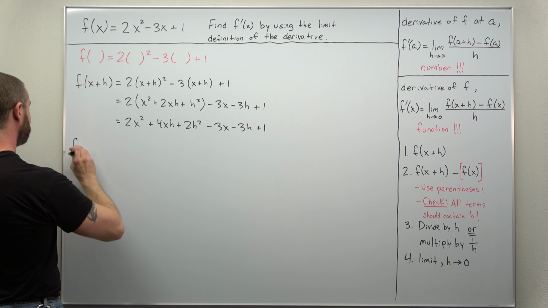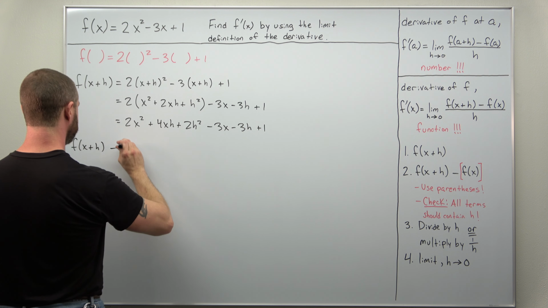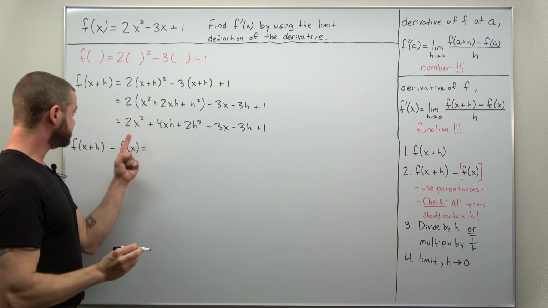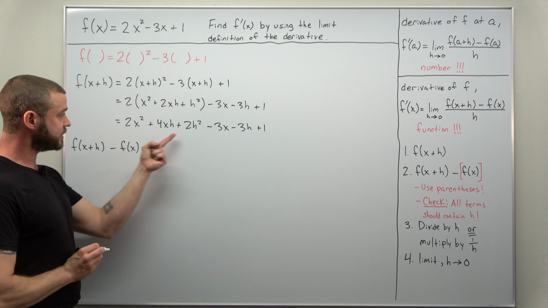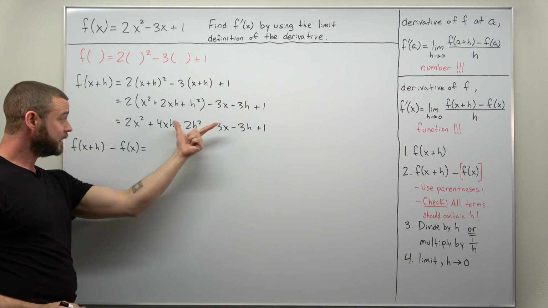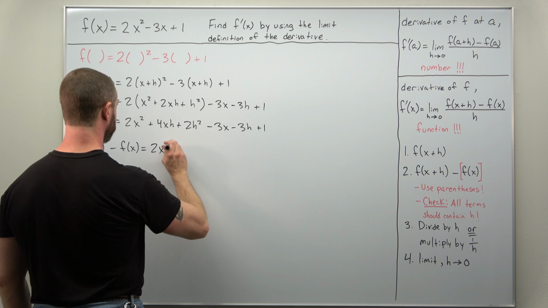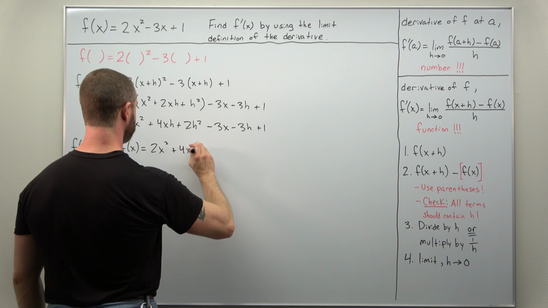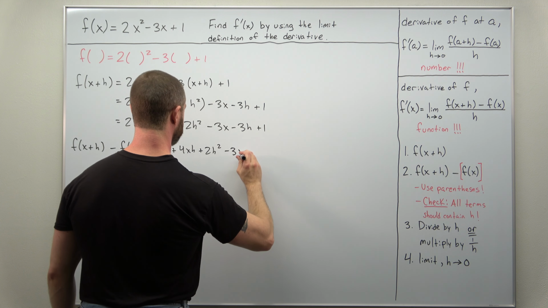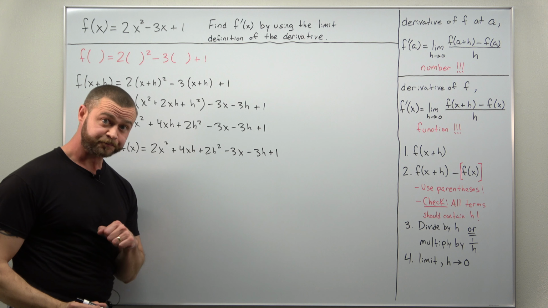So let's write this as f of x plus h minus f of x. These problems are tedious, so first for f of x plus h, we're just going to write all those terms. Make sure you're taking your time with that and you're careful to copy all of them down. So we have 2x squared plus 4xh plus 2h squared minus 3x minus 3h plus 1.